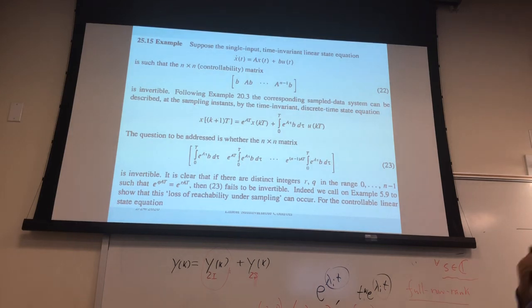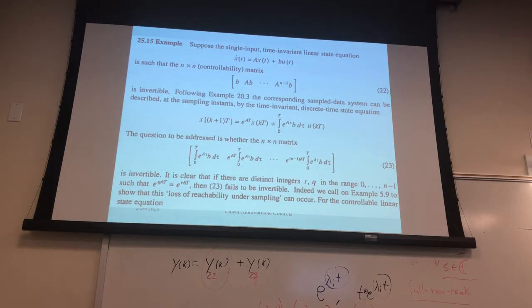If you are sampling, and the sampling period is T, everybody knows that using simple integration, starting from KT, you can get (K+1)T by integrating from 0 to T. So then we're talking about an n by n matrix.